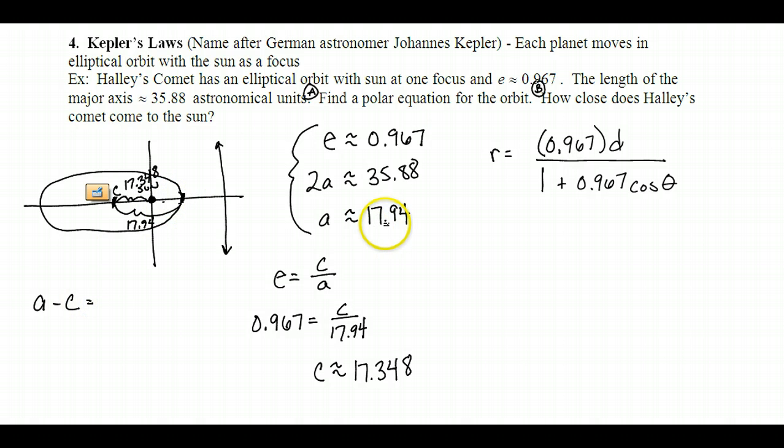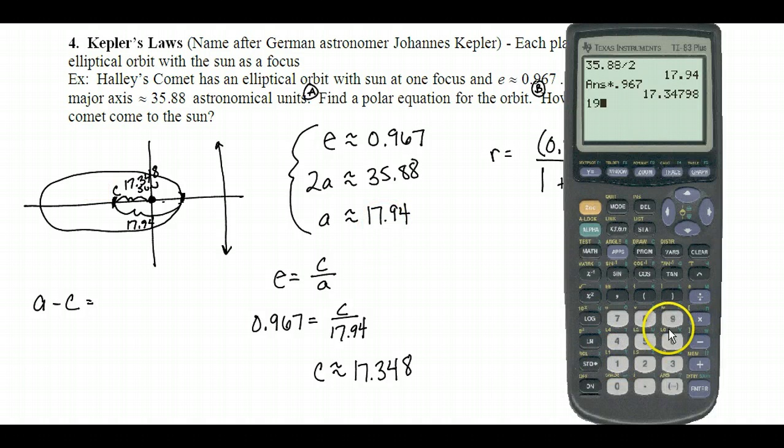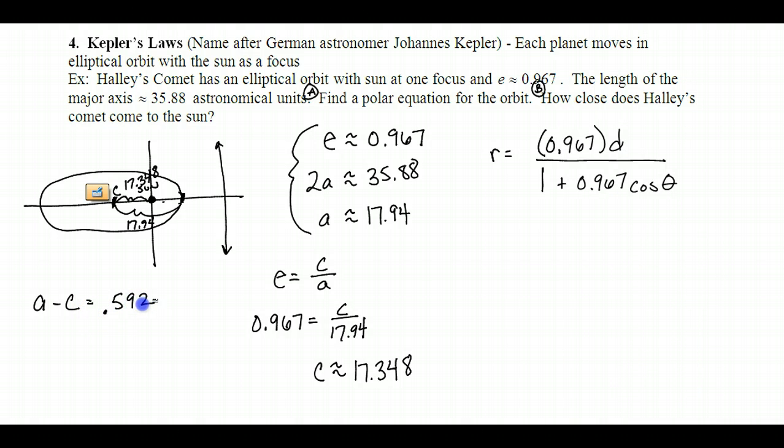So if I take A, 17.94, and subtract C, which is 17.348, now I have 0.592. And that is this distance, this red distance, which I want because now I know what this point is.